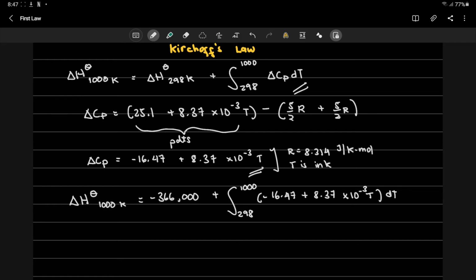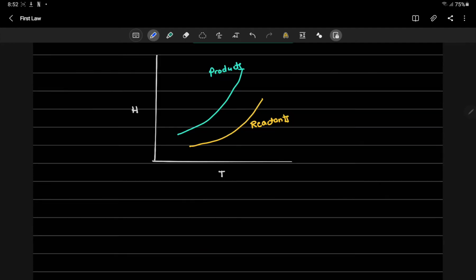Meron dong function of definite integral, so you can input this equation directly to your calculator at ang lalabas na enthalpy or sagot at 1000 Kelvin ay negative 373.7 kilojoules per mole. Of course, I already converted this to kilojoules. So, yan na po ang ating sagot.